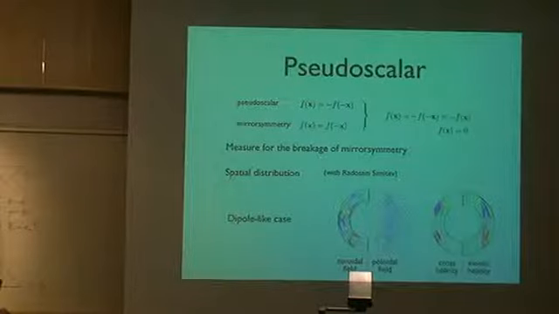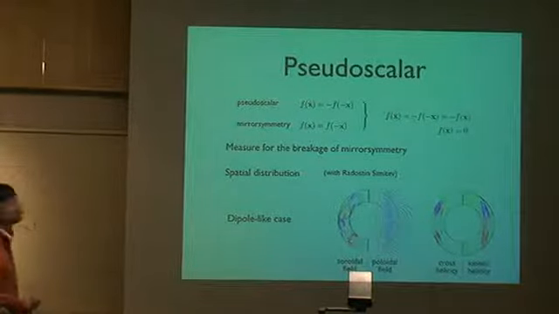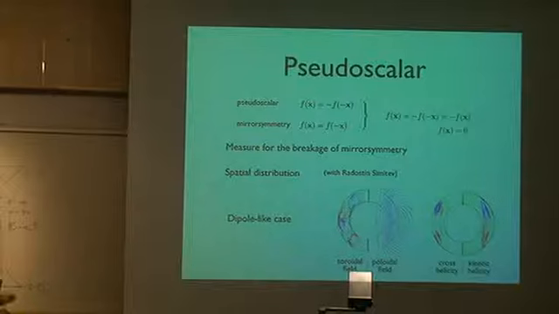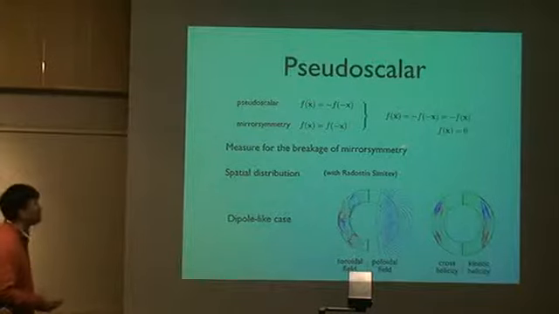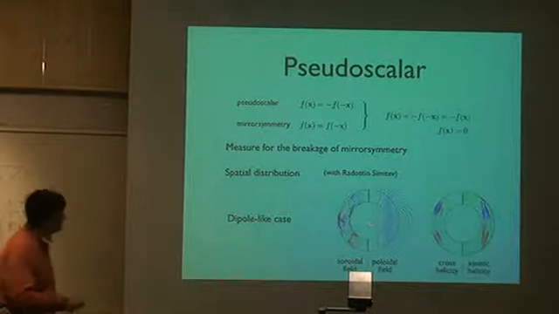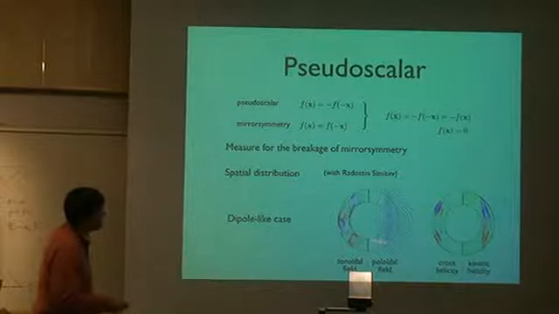Anyway, so another very important property of cross helicity is that it is a pseudoscalar. So as all of you know, a pseudoscalar can be a measure for the breakage of mirror symmetry. And this is a direct numerical simulation of large-scale spherical shear by Ladostin Smith.